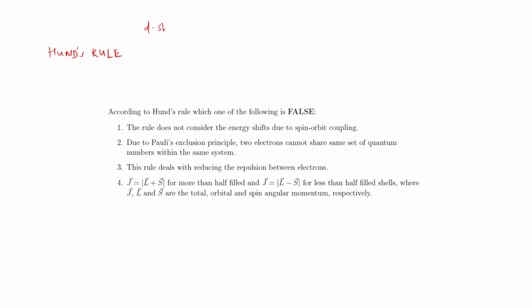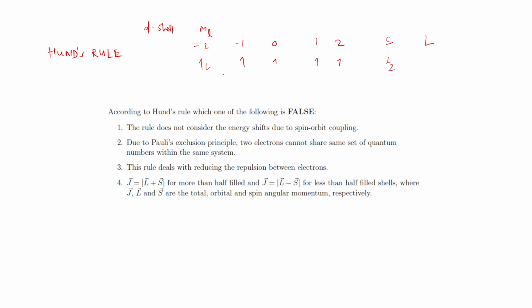Let's say D cell. D cell will have these ml values: minus 2, minus 1, 0, 1, 2, and Hund's rule tells you that the spin has to be first aligned so that the spin is maximized. Then S is equal to 1 by 2 times the number of the free spins.